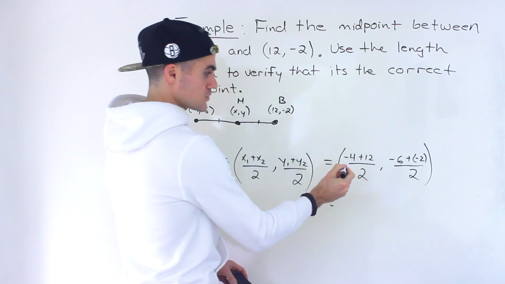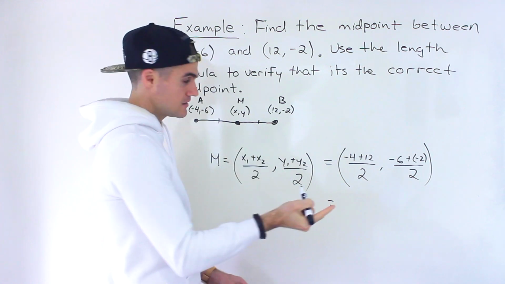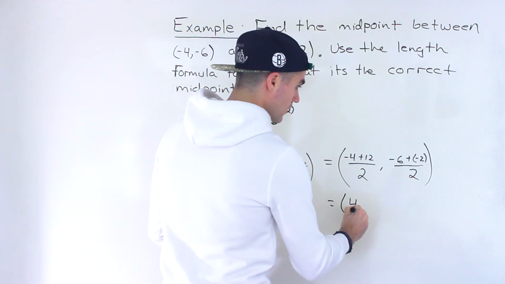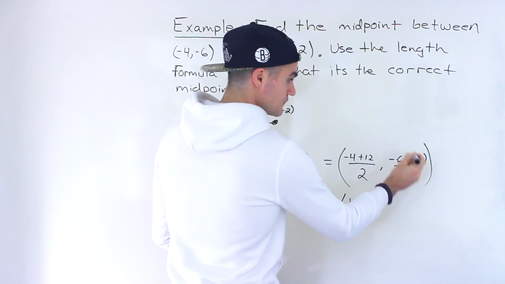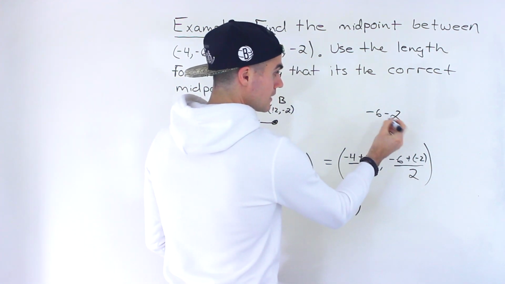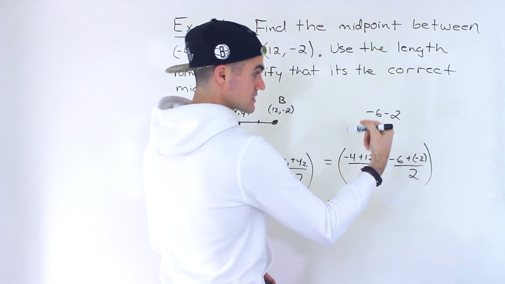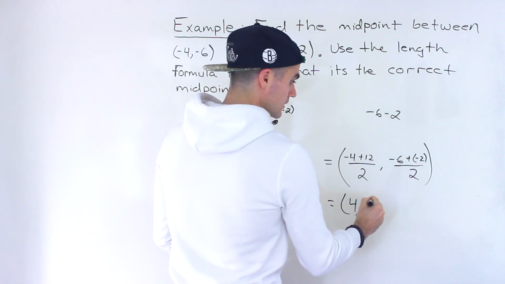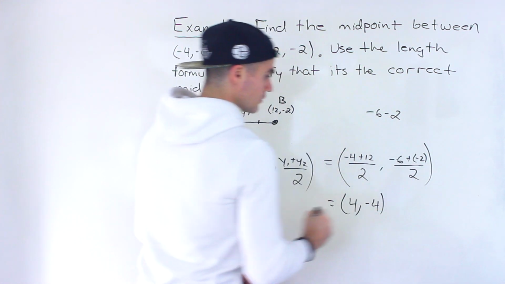So -4 plus 12 gives us +8, divided by 2 gives us 4. -6 plus -2 is like -6 minus 2, right? The plus and minus turn into a negative. -6 minus 2 gives us -8, divided by 2 gives us -4.